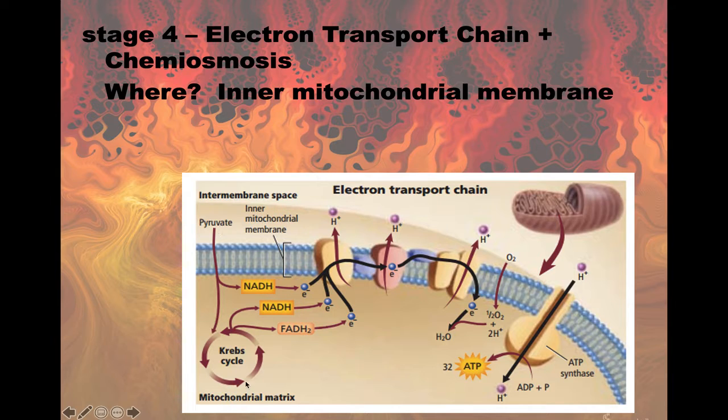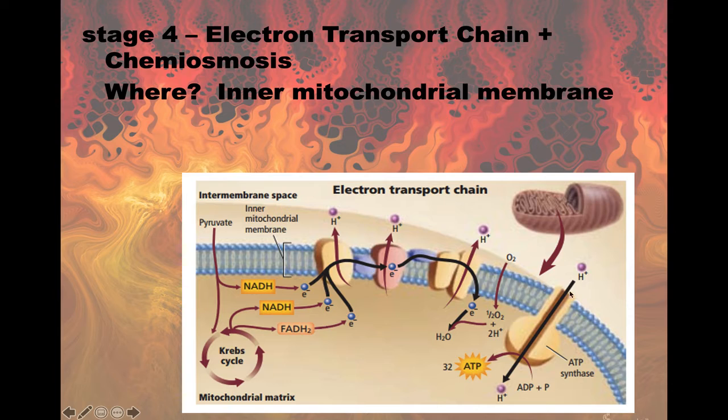So this was our Krebs cycle that we just talked about, and these are the products of the Krebs cycle. So now we're going to feed those in here, and it just kind of gets passed from one molecule to the next. Hydrogens go in, go out, go in, go out, go in, and then finally stuff happens. That's really general, I know, but believe me, there's a lot of details and I don't have time to teach it to you.